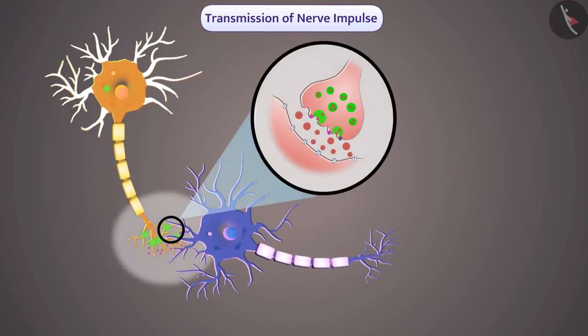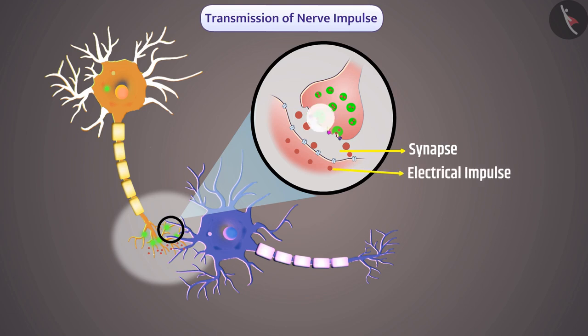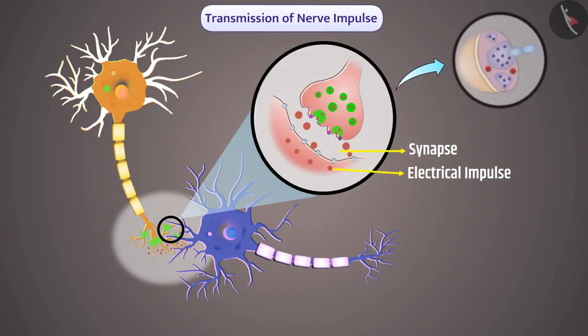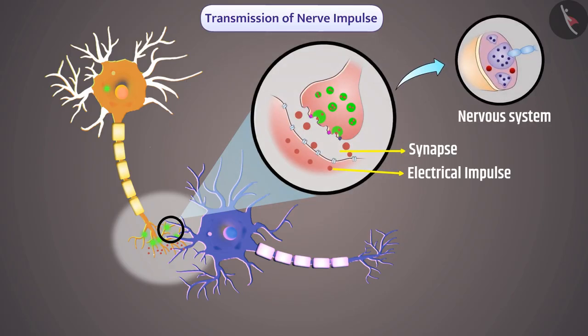Neurotransmitters travel through the space between the two neurons called the synapse, and thereby transfer the information to the dendrites of the second neuron, where it gets converted into an electrical impulse. This is how a nervous impulse travels through the nervous system.